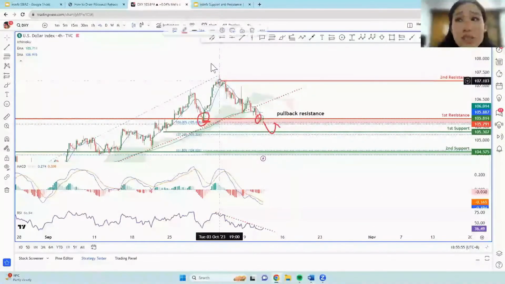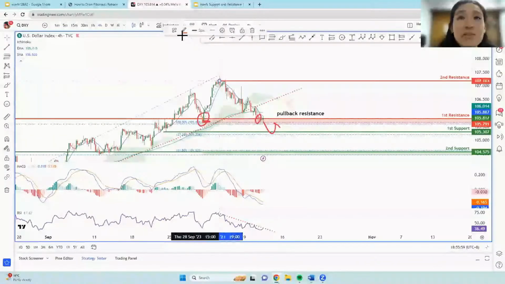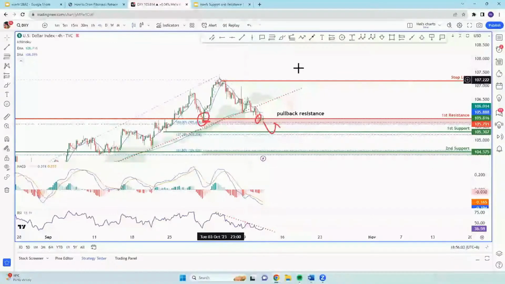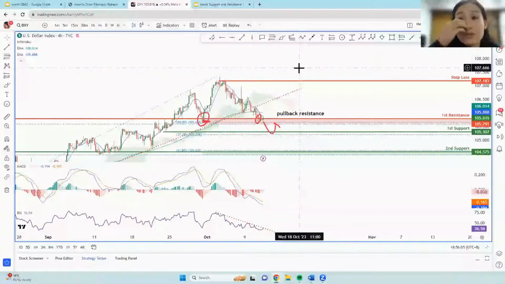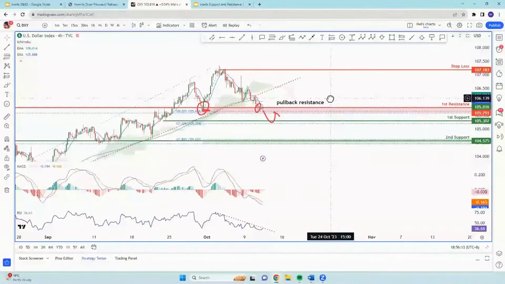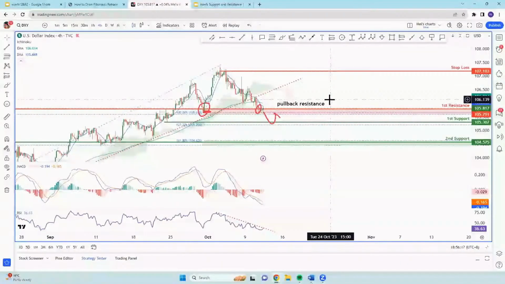Because technically our second resistance would be our stop loss in this case. So you could place it here as well. It's entirely up to you. In this case you're going for a sell, not a buy, which means the second resistance should be the maximum stop loss.